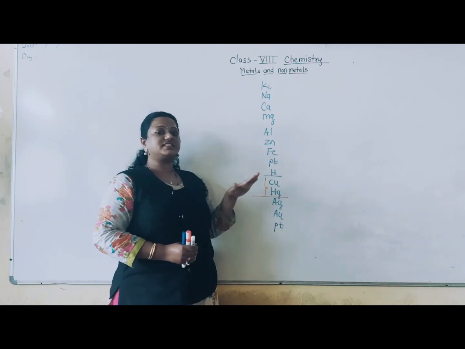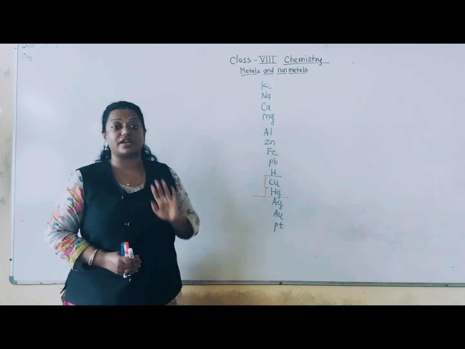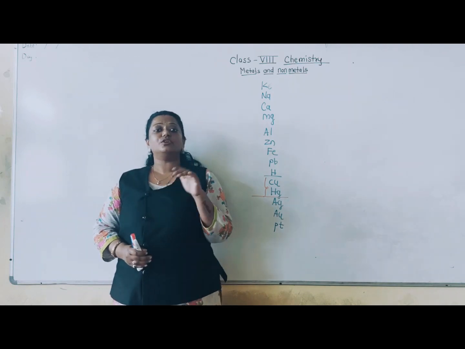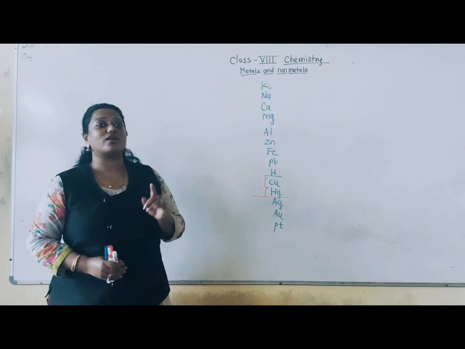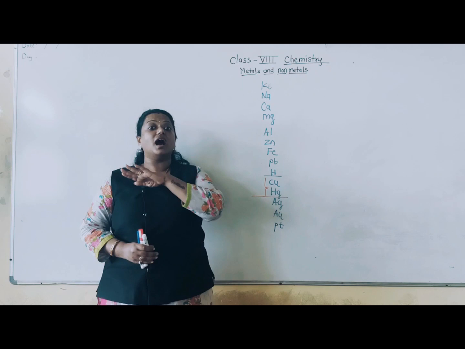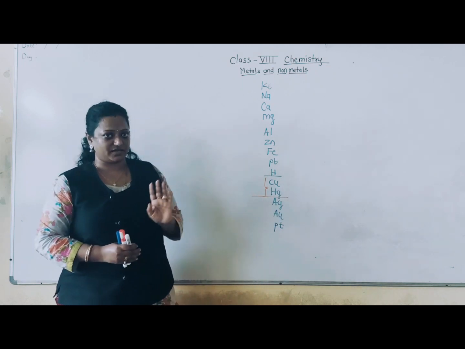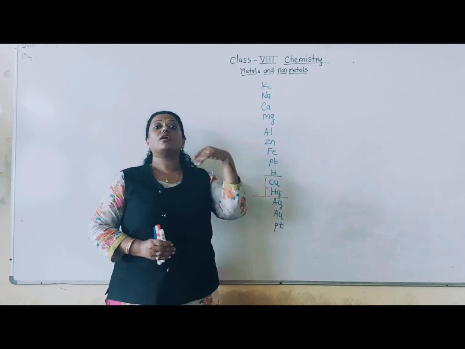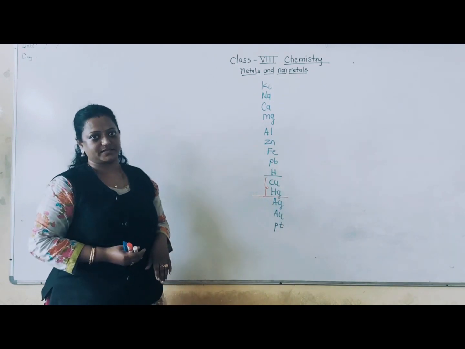They always stay in their own state and never react with anything. That is why it is possible to wear ornaments made of gold and platinum on a daily basis, because they are completely unreactive with any agent. Understood? So this is all about the reactivity series and what happens when metal reacts with acid.